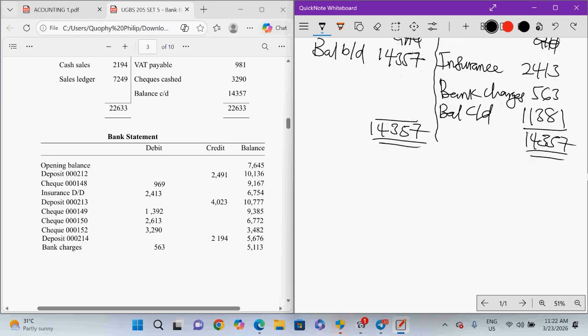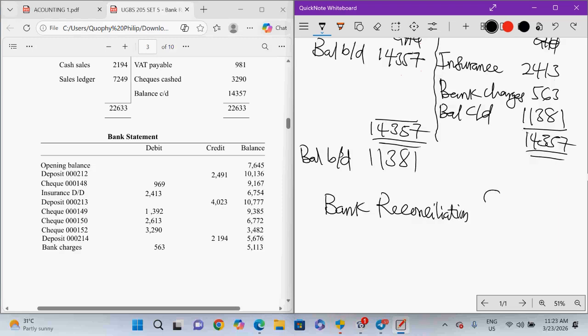So this will go to the debit side as balance brought down of 11,381. Then now we can prepare our bank reconciliation statement.